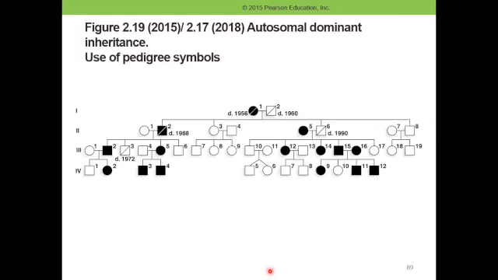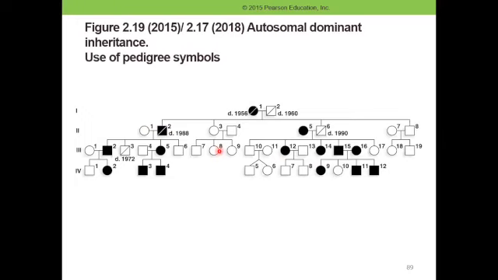So this is just an example of a pedigree, a figure from your textbook. This figure shows pretty much most of the pedigree symbols that we discussed so far. So this is a typical pedigree where even the deceased individuals are indicated here. But remember that all these symbols may not be there in all the pedigrees that we look at.